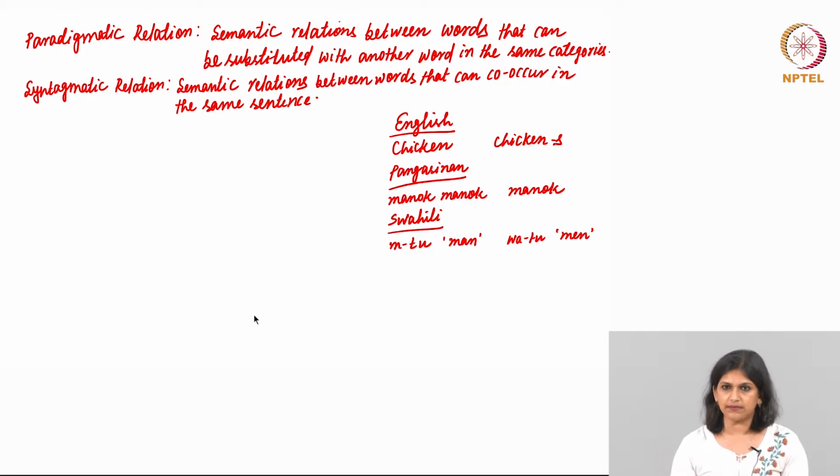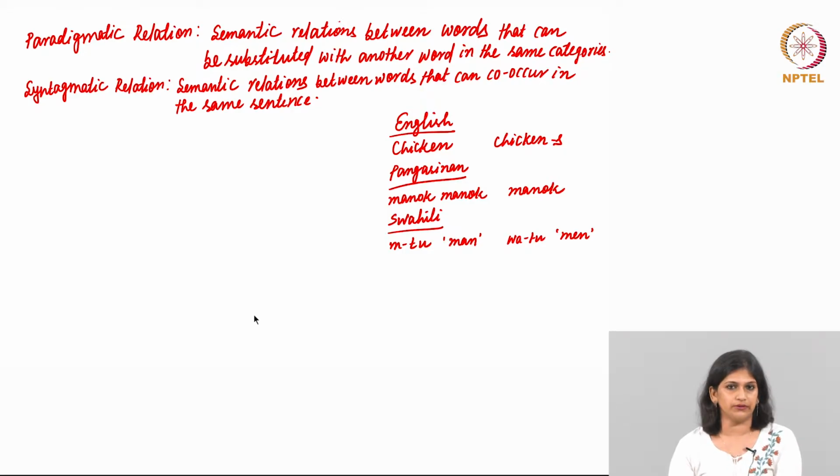So, it tends to the generalization that in most of the cases the form with the simpler value tends to be not more complex than the other form. However, in case of Swahili, the story is a little different, where man and men have two different phonological and morphological representations.